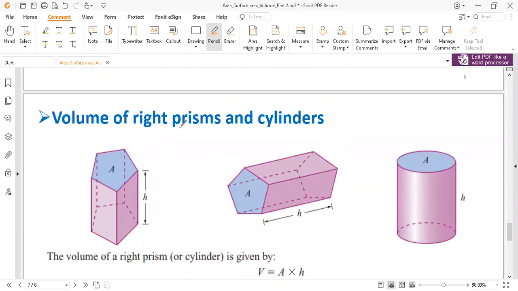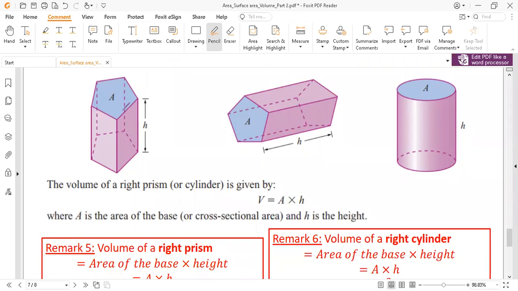What about the volume? Normally we use the area of a base times the height. So we search for the cross-sectional area, which is uniform when we cut the solid at different levels.